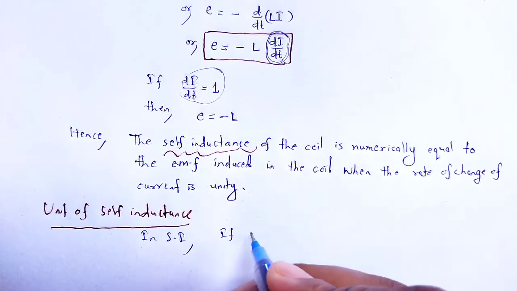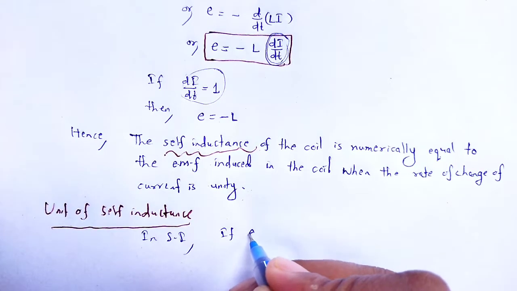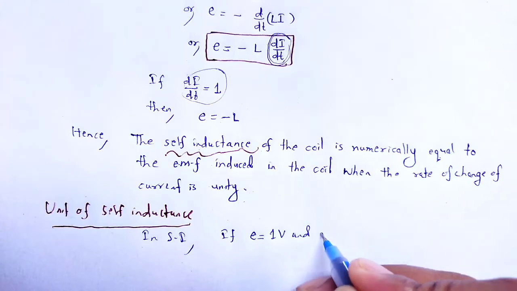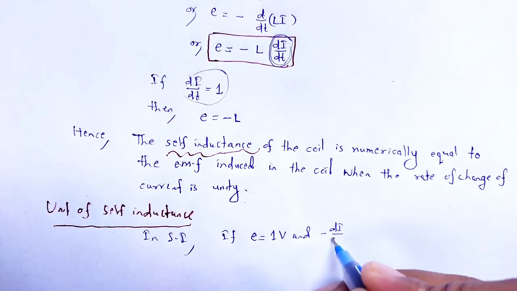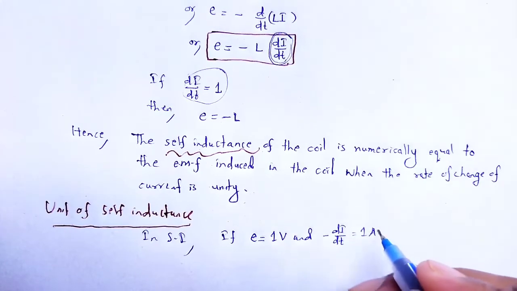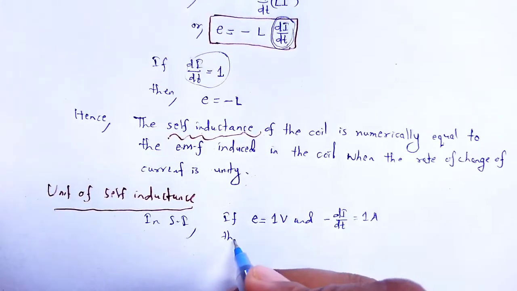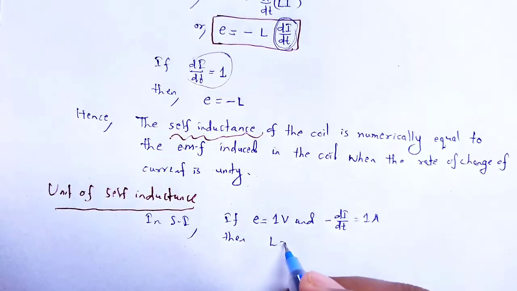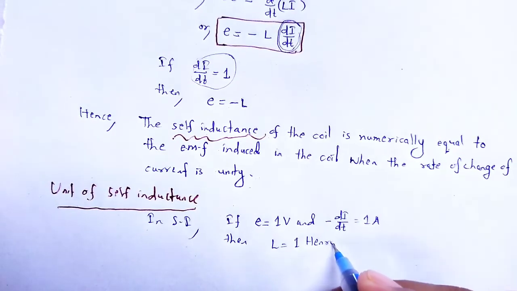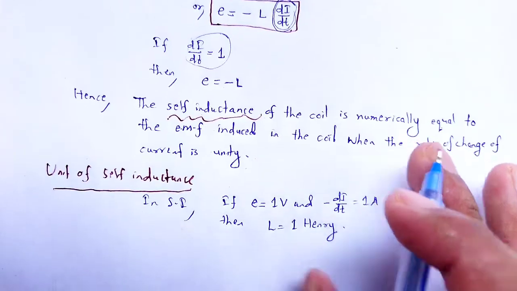If E is equal to 1 volt and di by dt, the rate of change of current, is 1 ampere per second, then the self inductance L is equal to 1 Henry. In this way, we define 1 Henry.